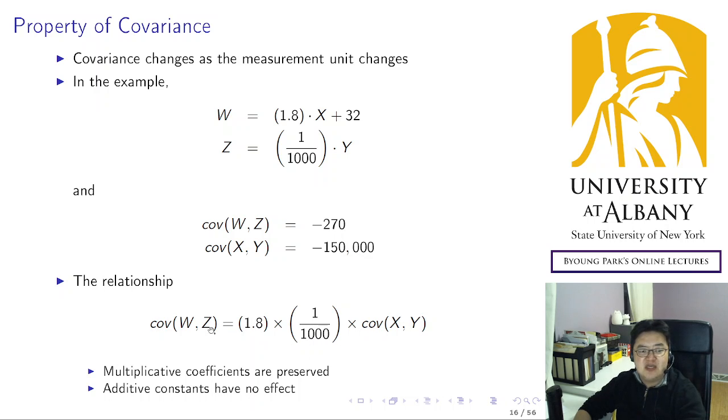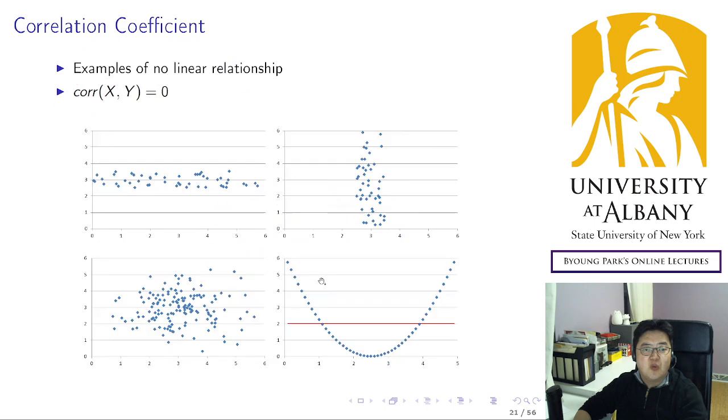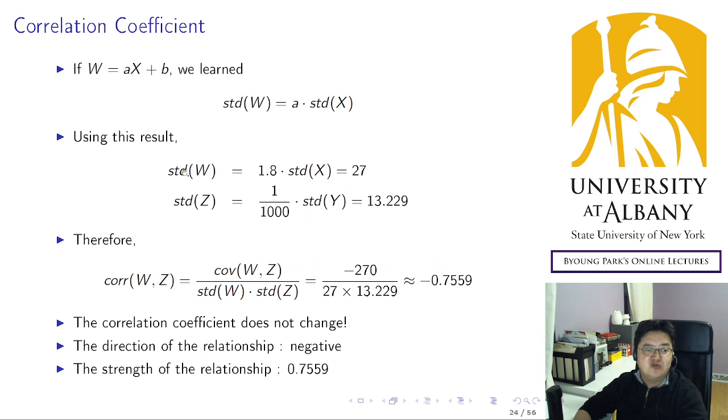So in the new covariance, those two multiplied numbers will be cancelled when you standardize using those two standard deviations. So dividing by standard deviations will fix the unit change. We'll cancel out the unit change. So as a result, the correlation coefficient will not change.